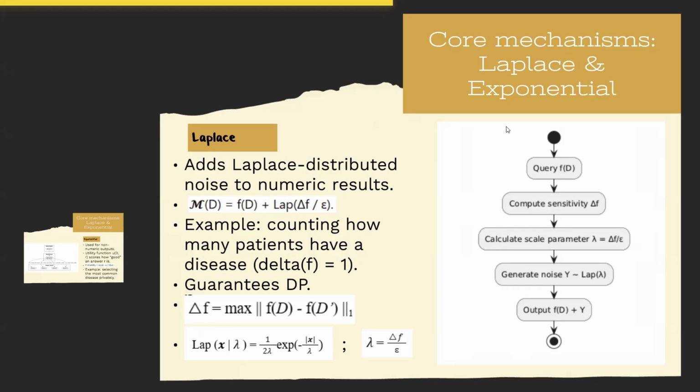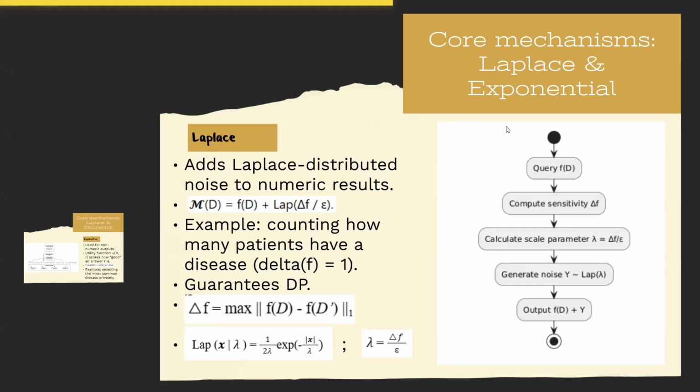One of the foundational techniques in differential privacy, the Laplace mechanism is designed for numerical queries, where we want to release numerical results like an average, sum, or count while preserving privacy. It works by adding random noise drawn from the Laplace distribution to the true output of the function.